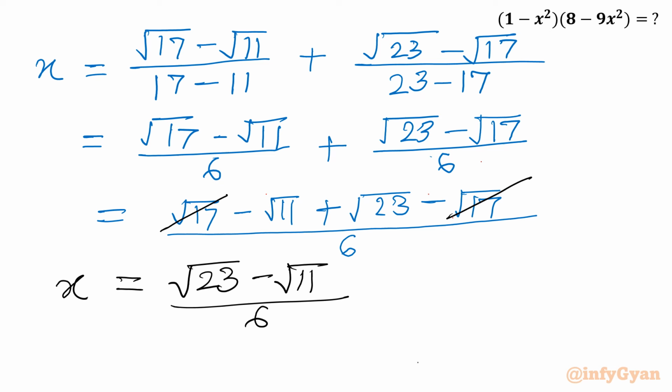Now I can cross multiply. So I can write 6x is equal to root 23 minus root 11. Now I will consider squaring both sides. So I will write 6x is equal to root 23 minus root 11.